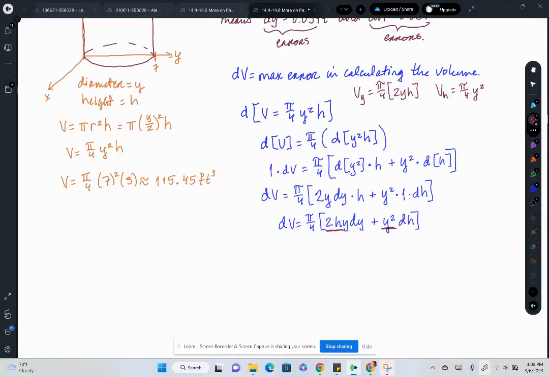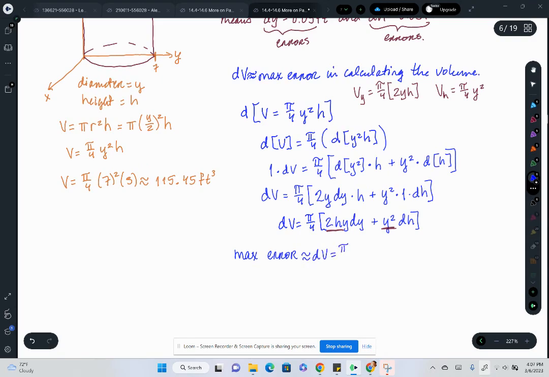So the max error, I'm still using blue here, our max error, is actually approximately dV, and that is going to equal pi over 4, and now I have to replace everything in here. I have a 2. y is the diameter that was measured, so that's 7.